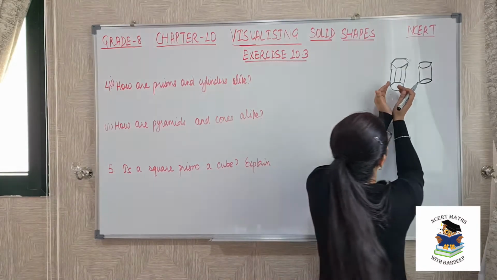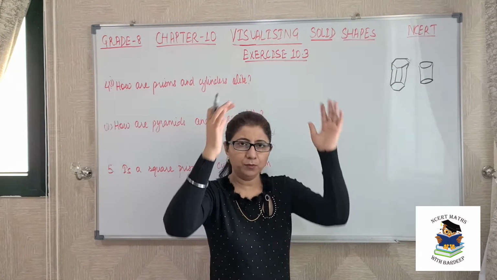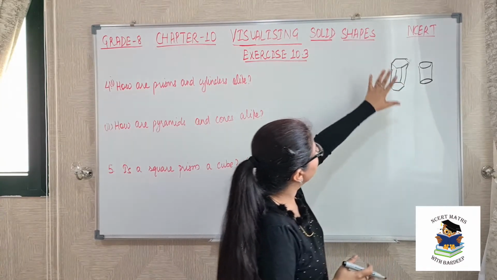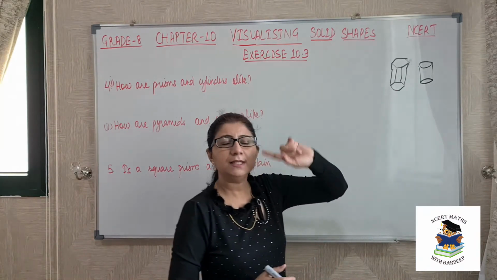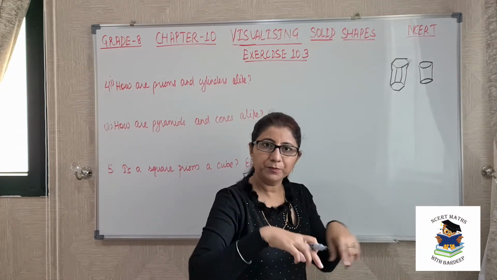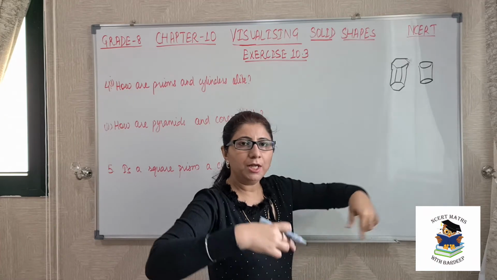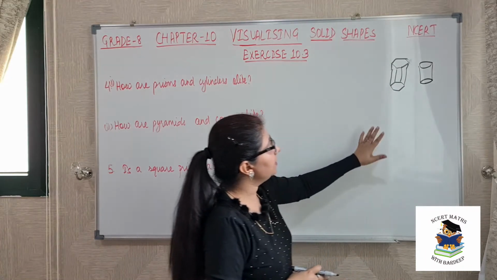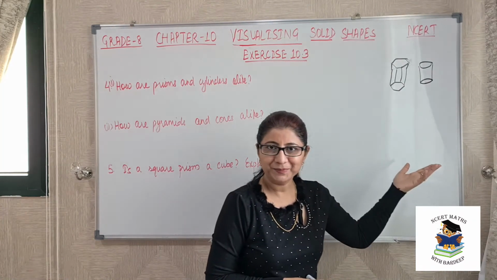If the number of sides is increased to a certain extent, then the shape will become almost a circle. So if the number of sides of the base of a prism is increased to a certain extent, then it will take a round shape, because as the number of sides increases, the shape becomes more circular. So it can be a cylinder.